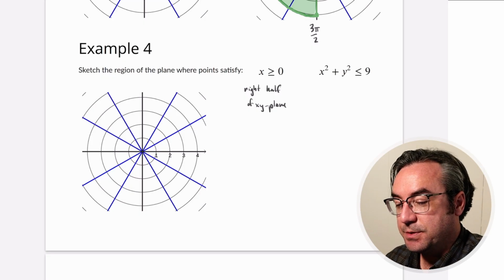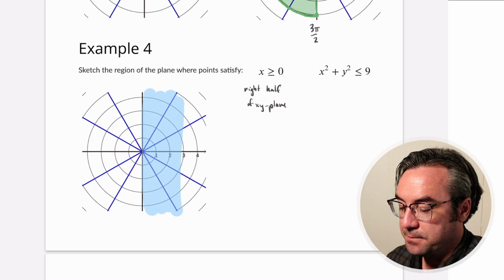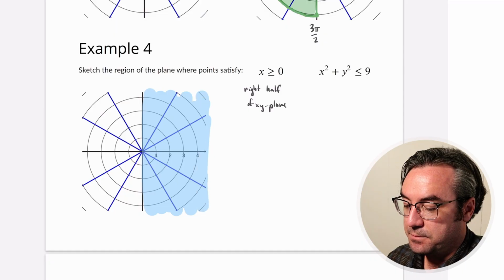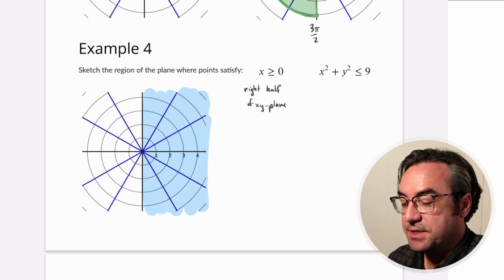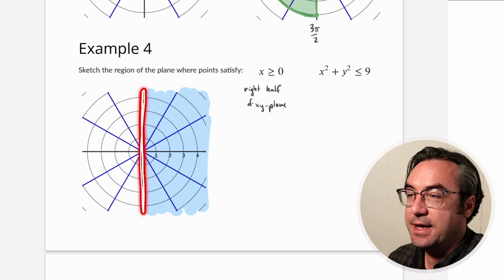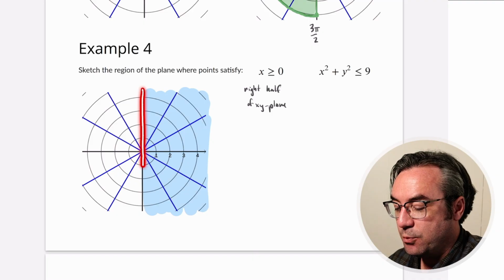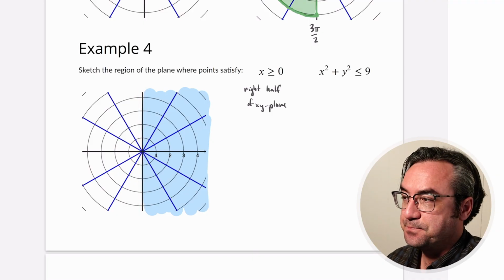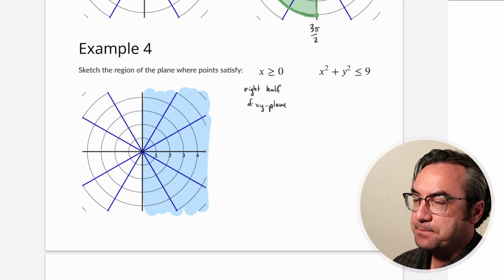So if we were to sketch what that would look like, it's everything over here, including, because of the equal sign, the x equals 0 line, which matches up with the y-axis. All right, so the right half of our xy plane.